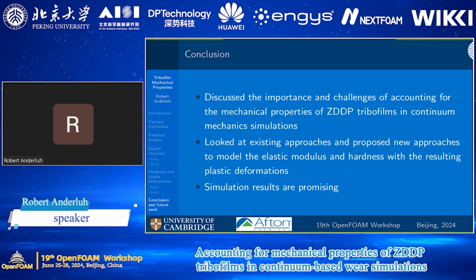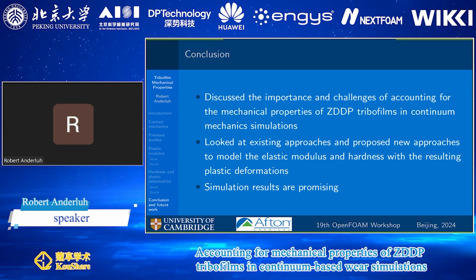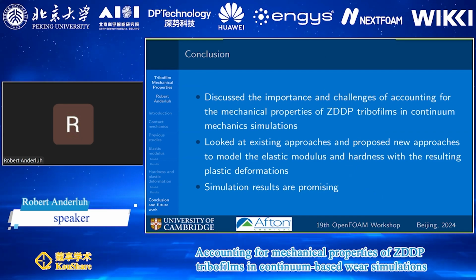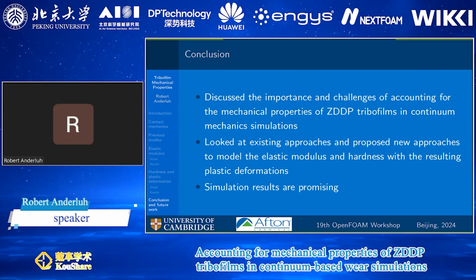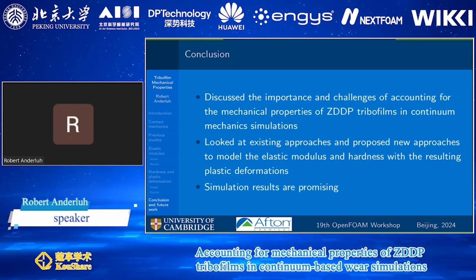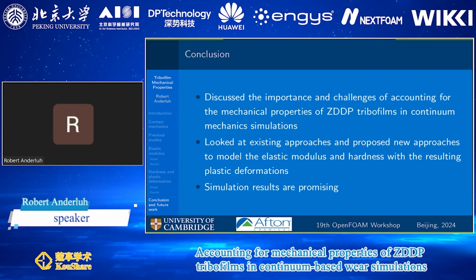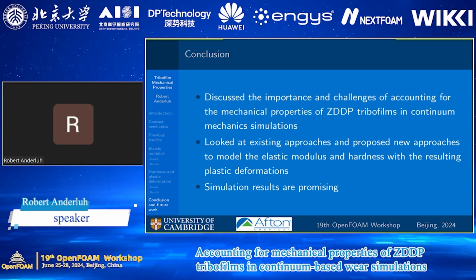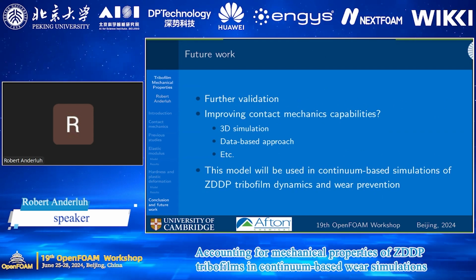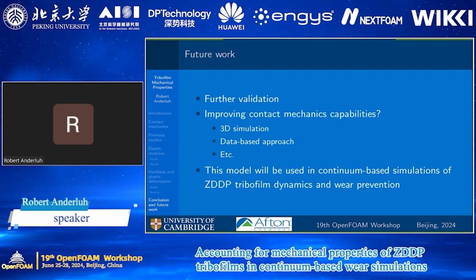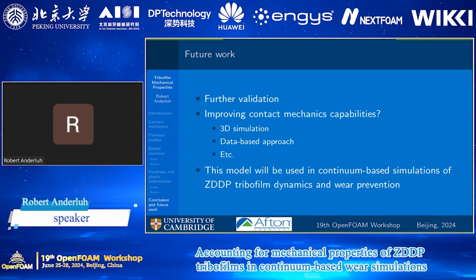So to conclude, we discussed the importance and challenges of accounting for the mechanical properties of ZDDP tribofilms in continuum mechanics simulations. We looked at existing approaches and proposed new ones to model the elastic modulus and hardness with the resulting plastic deformations. We are happy with the simulation results. We consider them promising. For future work, further validation is always good, of course. Maybe improving quantum mechanics capabilities.